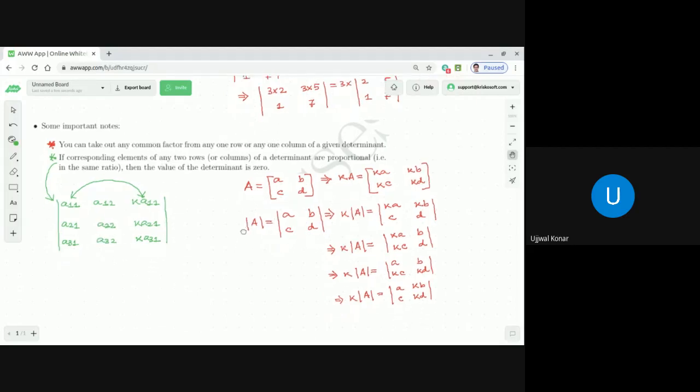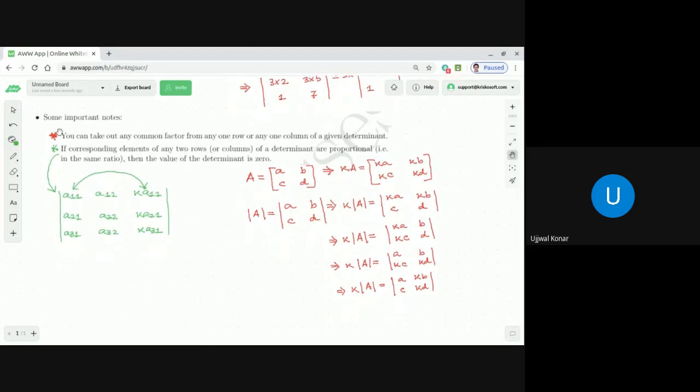Now, dear students, we just learned from this property that you can take out any common factor from any one row or any one column of a given determinant. As K is multiplied with each and every element in the third column, we can take that K out.